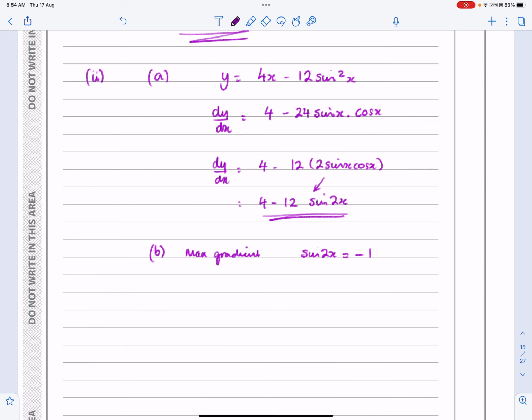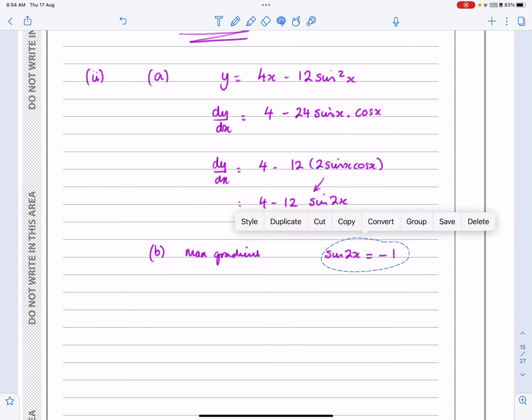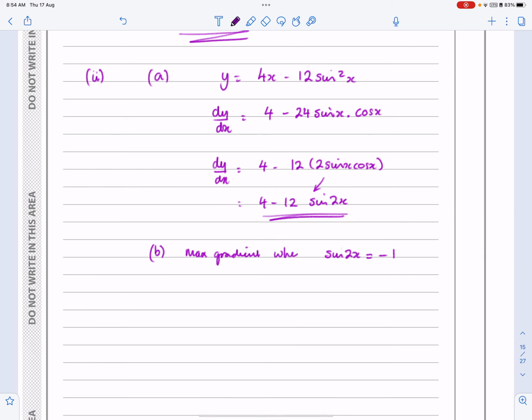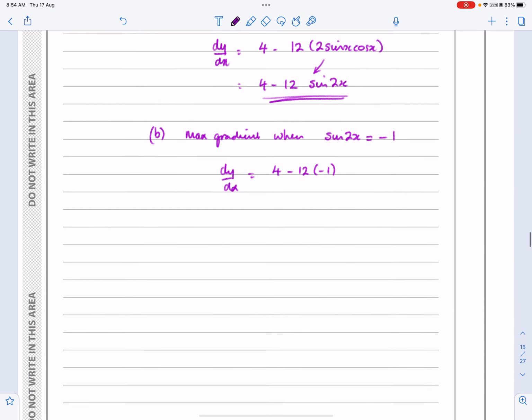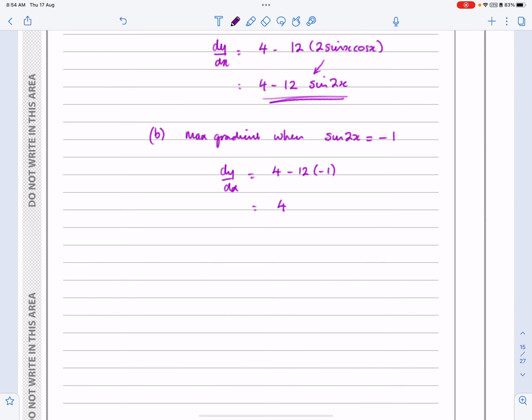Let me explain that: when sine 2x equals -1, dy by dx is equal to 4 minus 12 times -1, which gives me 4 plus 12, which gives me 16. This is the maximum possible value I can get for that bit there, plus 12. It occurs when sine 2x equals -1.